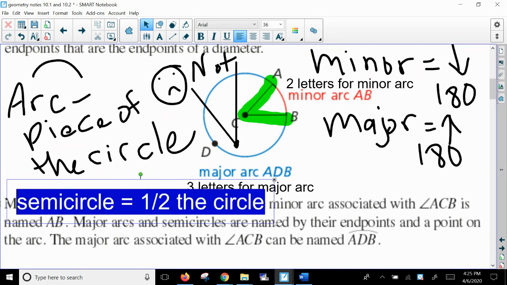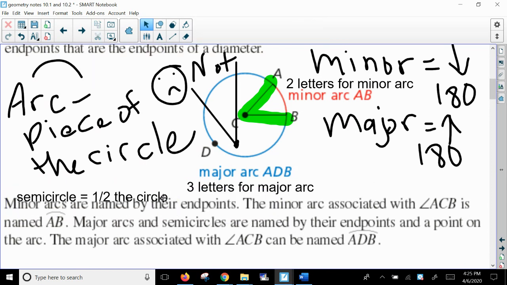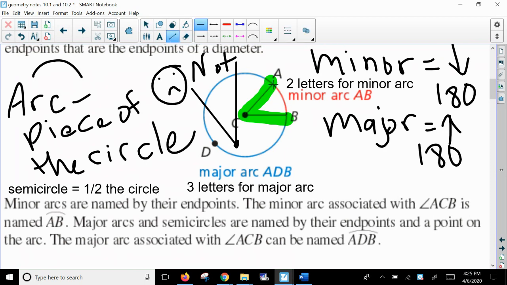I probably should have typed this before I started, but well, you know how we roll. Semicircle is half the circle. And again, how would you recognize half of a circle? If you see a diameter of a circle, that means a segment that goes through the center of the circle. It's a chord. Okay, anytime you see a diameter, it's cutting the circle in half.